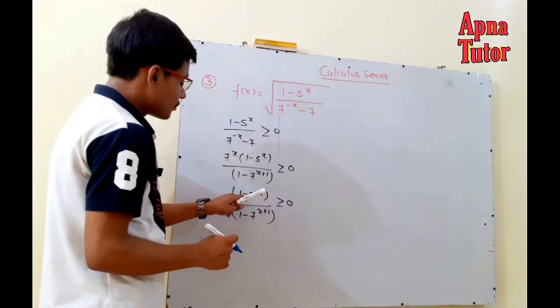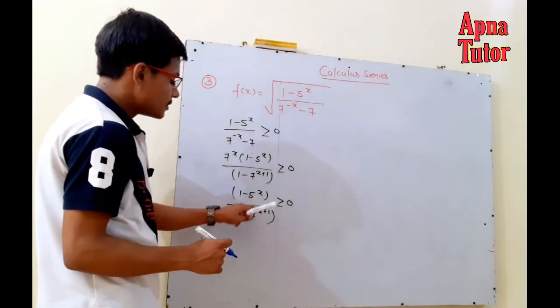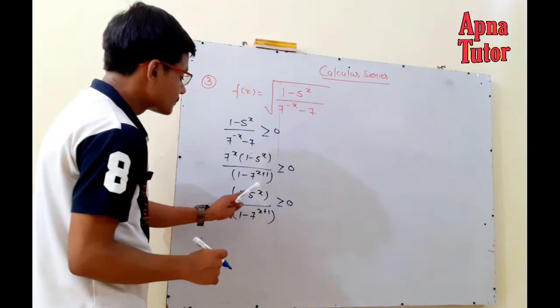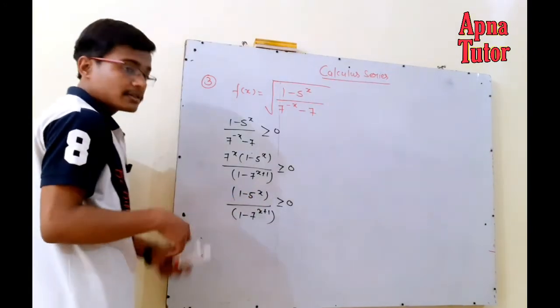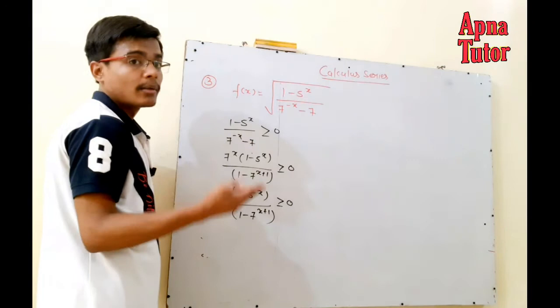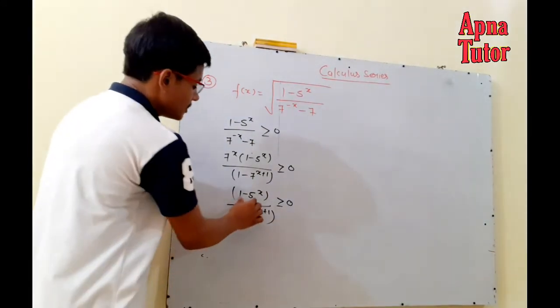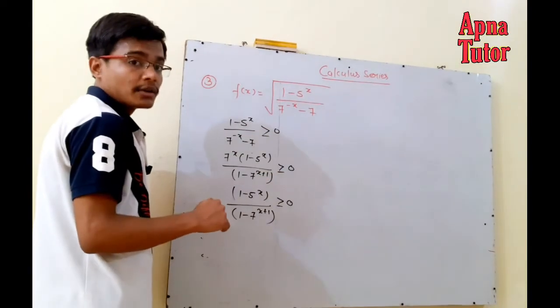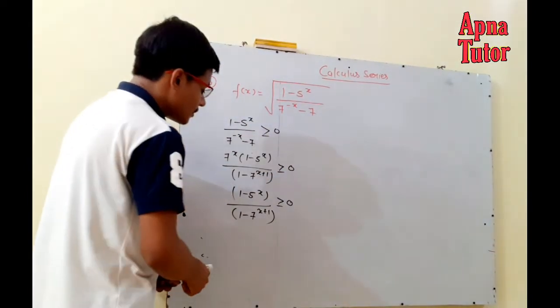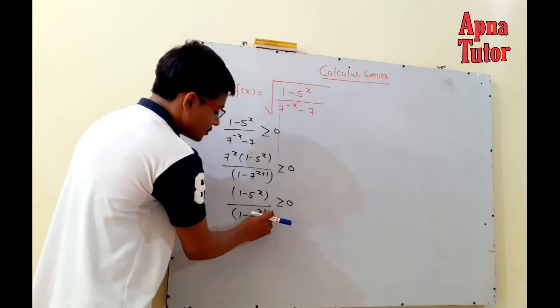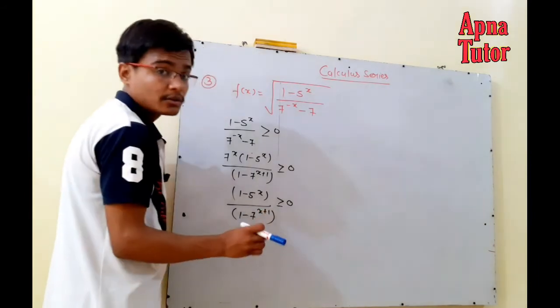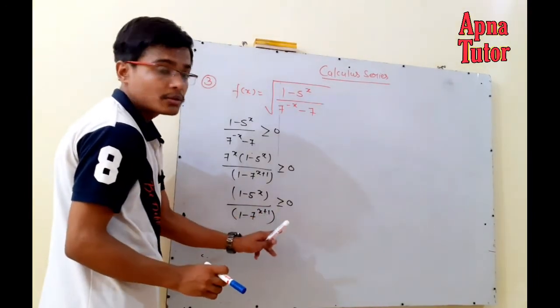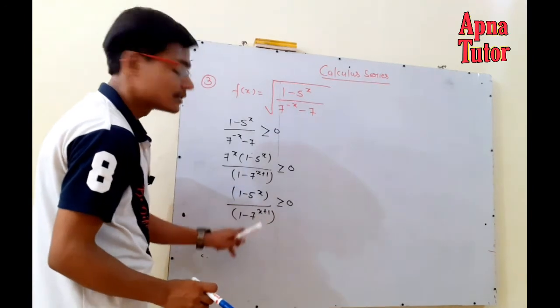So when x goes above 0, this inequality will be positive, and for less than 0 you have negative. Likewise, when you make x plus 1 equal to 0, for the root x equal to minus 1, you have the same behavior.